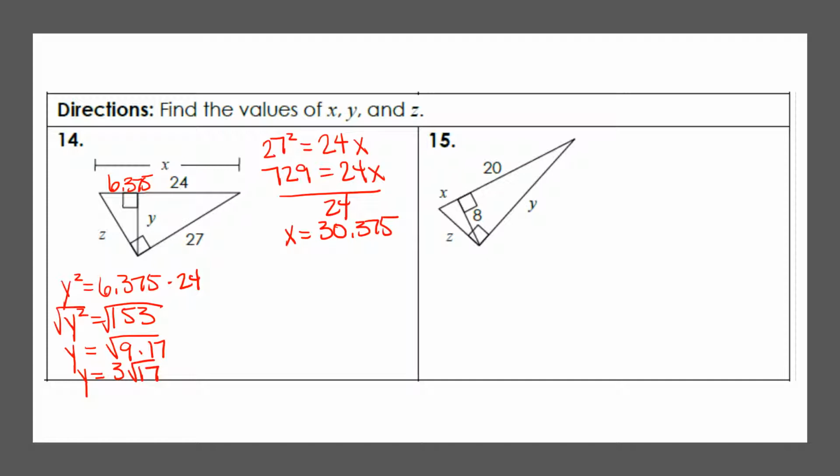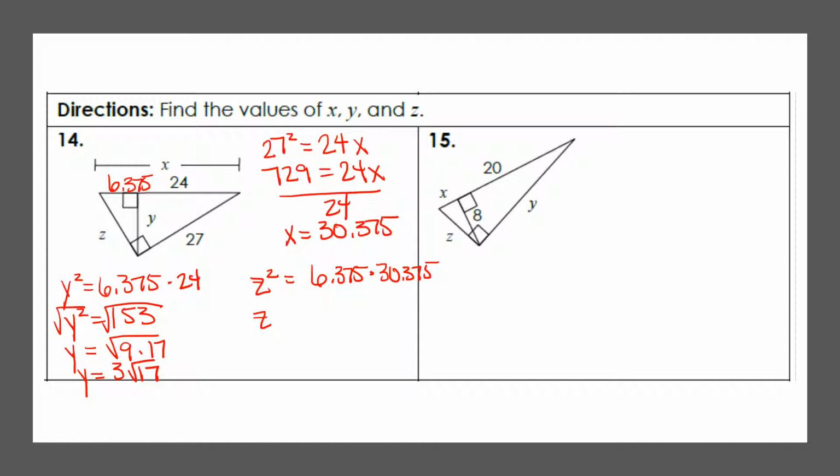Now, if I want to find z, I can use the leg theorem again, and that the leg squared, z squared, is equal to the part that touches it, 6.375, times the entire length, 30.375. So 6.375 times 30.375 is 193.64.